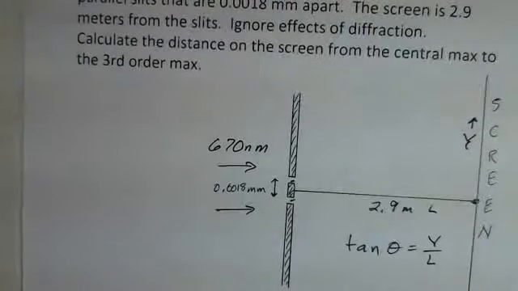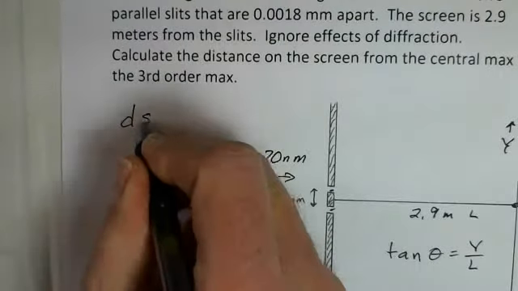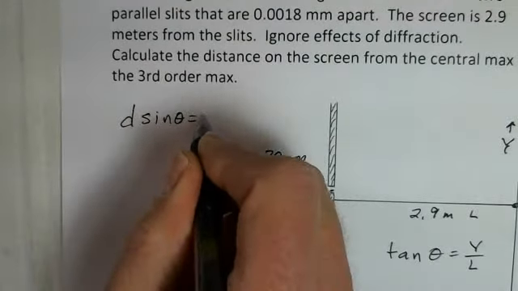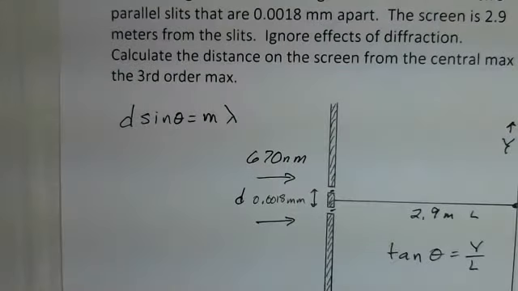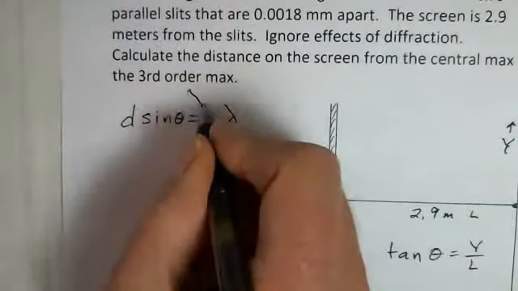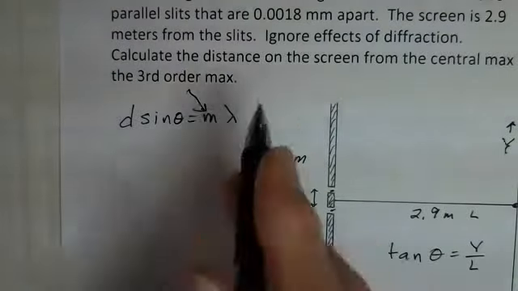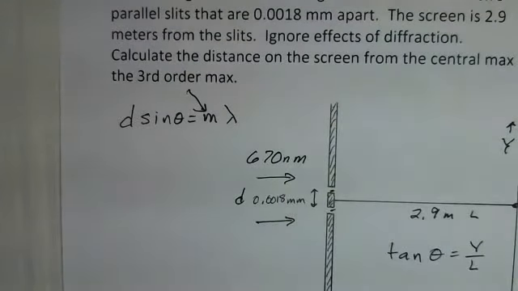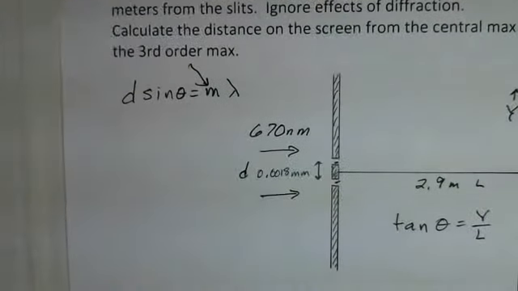We're trying to calculate a maximum, so we would use the equation d sine theta equals m lambda. D is the distance between the two slits, theta we're trying to calculate, m is the order number. So we're going to be using an integer 3 there. And the wavelength has been given, 670 nanometers. It seemed like we just have to plug in the values and see what result we come up with.